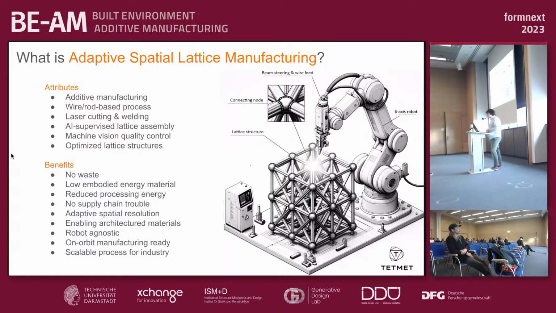We have an adaptive spatial resolution in the sense that we can cut the wires to the lengths that we want. So it's very easy to make dense meshes or much more sparse meshes for the lattice. So we can really optimize where we put the matter and how.